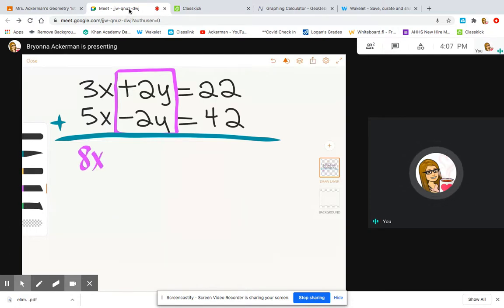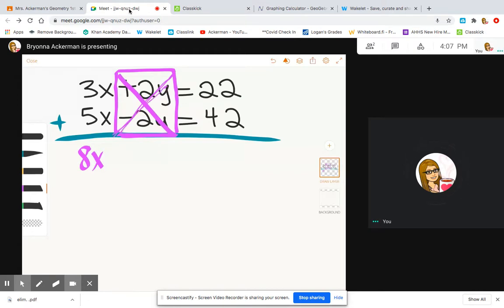And then remember, we can't start the problem until these are opposite, and these were already opposite. So we had 2y minus 2y. Well, that's 0. That was eliminated, okay?